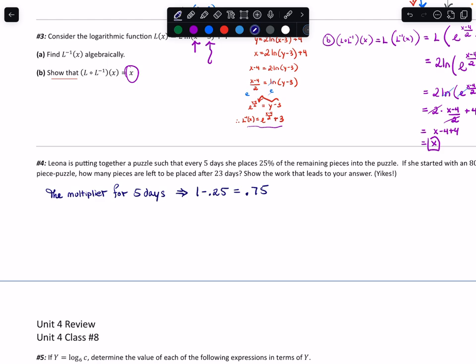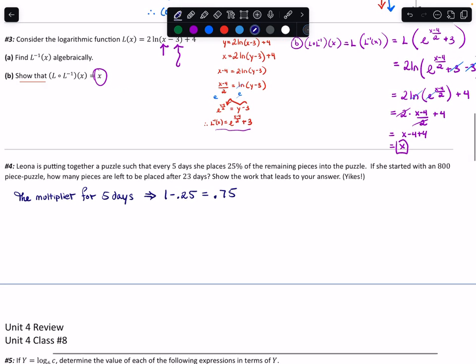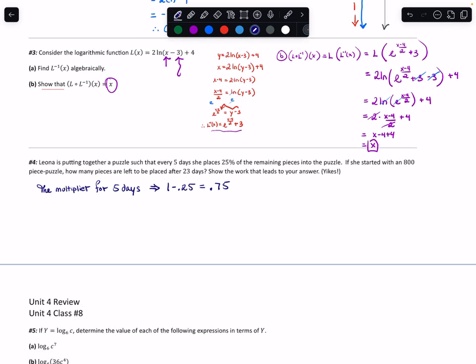So the problem is, wouldn't you like to know what percent of things she does every single day, especially if you're going to ask me a random amount of time, like 23 days? So the multiplier for 5 days is 0.75. I would like the multiplier for 1 day.